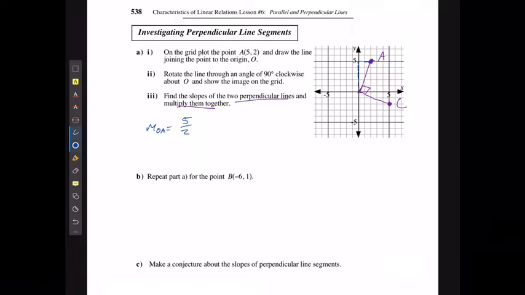For the second one, the origin to C, I had to go down 2 and right 5. So the slope of the origin to C is going to be negative 2 over 5. If I multiply these together, 5 over 2 times negative 2 over 5 is going to give me negative 10 over 10, or negative 1.